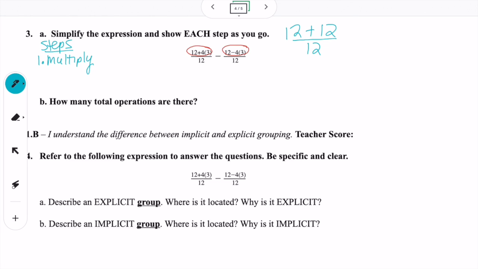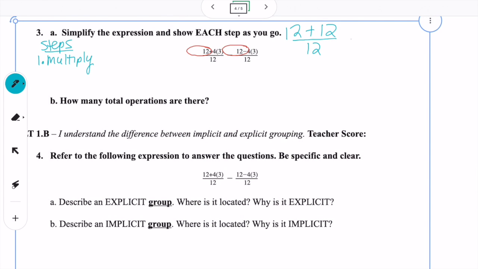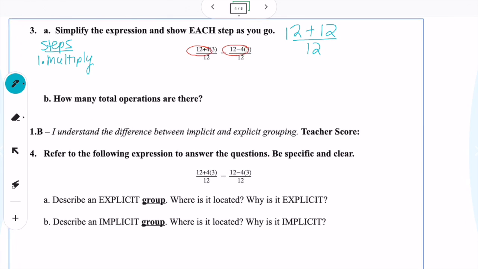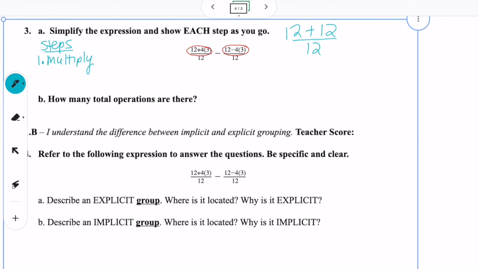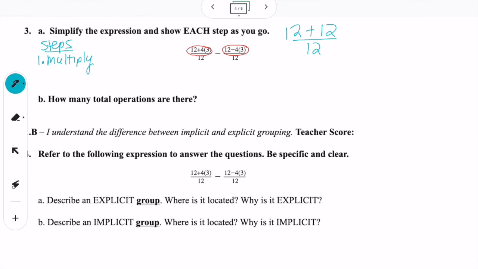Now that wasn't the only thing I need to multiply. Oopsies. There's another implicit group. Let me just line that back up. There's another implicit group with multiplication as well. So I'll multiply 4 times 3 again. That one had a subtraction symbol in it. That's actually another step. So step 2 was to multiply.